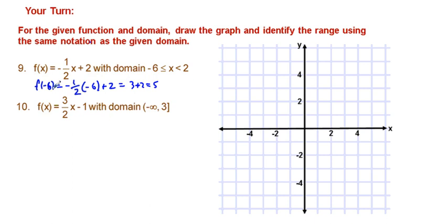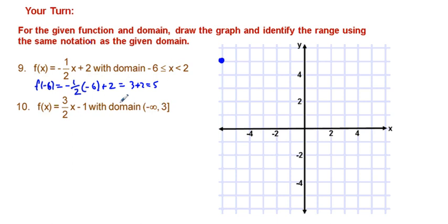So for x equals -6, we have 5, and that's less than or equal to, so that's going to be that.